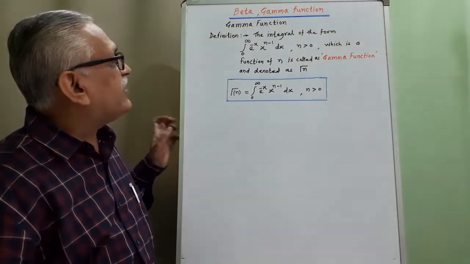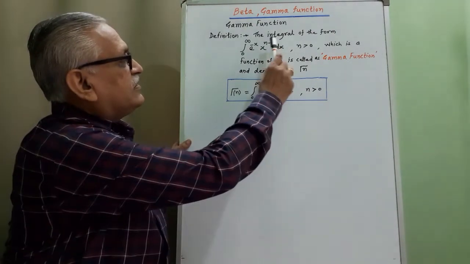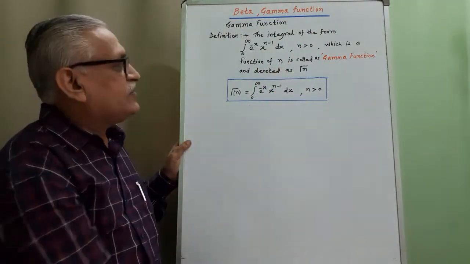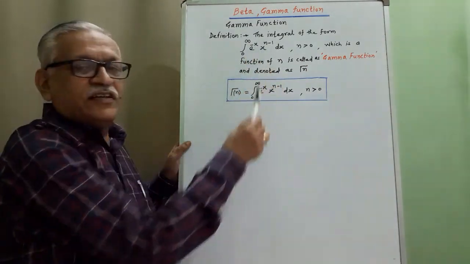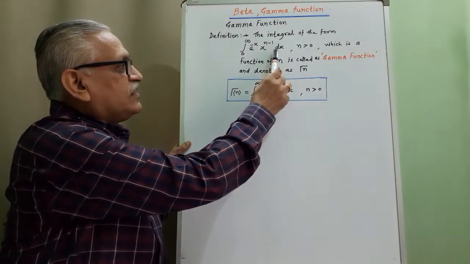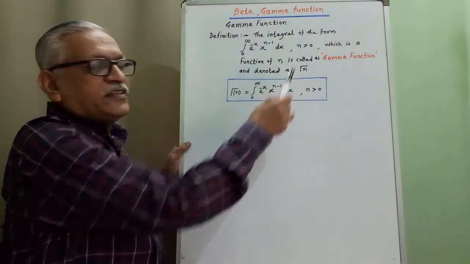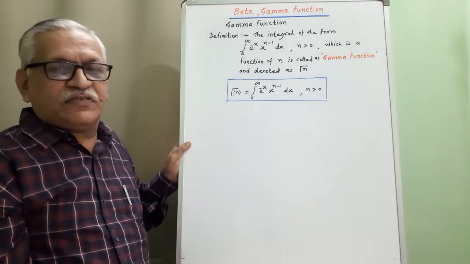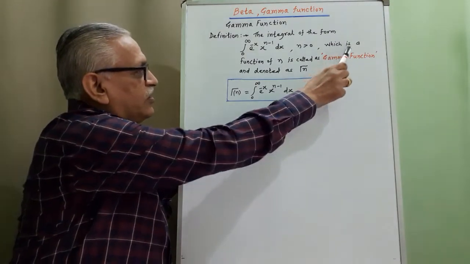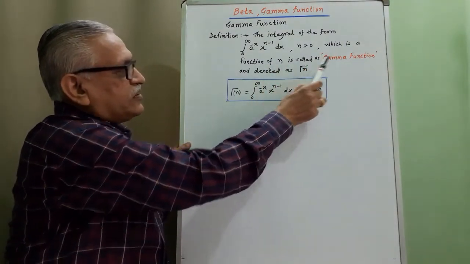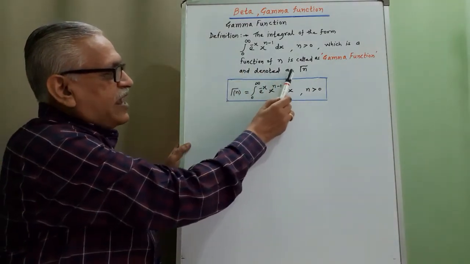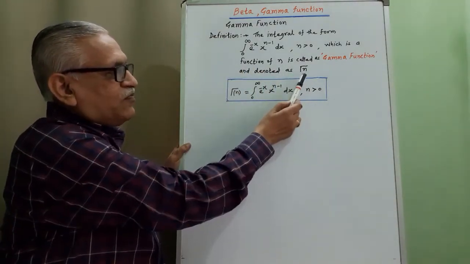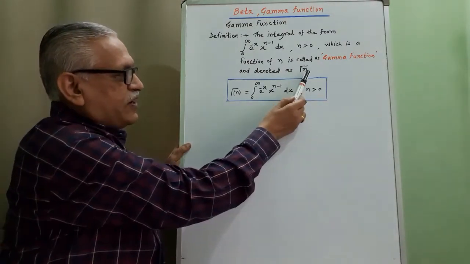Therefore, we define the gamma function as the integral of the form integration from 0 to infinity e raised to minus x into x raised to n minus 1 with respect to x, with the condition that n is greater than 0, means n must be positive. This function of n is called the gamma function, and it is denoted by this symbol, gamma of n.